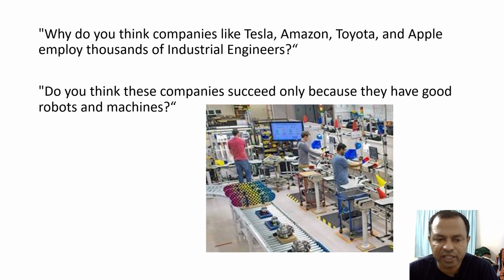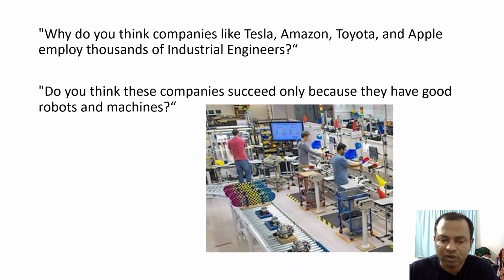So we should understand that companies like Tesla, Amazon, Toyota, and Apple employ thousands of industrial engineers. Why do they hire these kinds of industrial engineers? Because one of their successes is the application of industrial engineering in their companies.